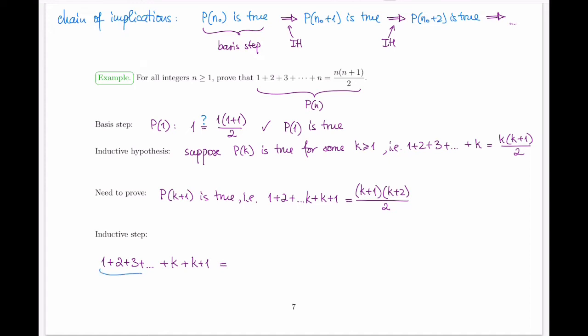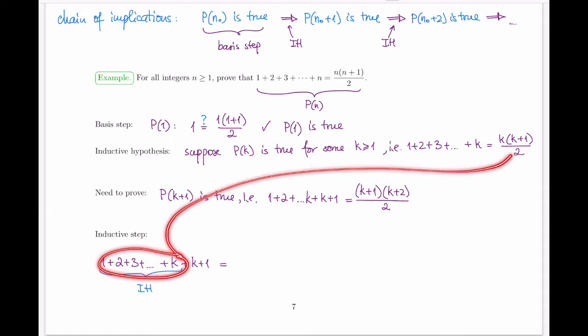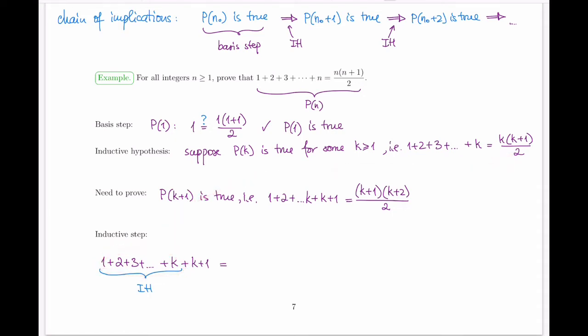Why is that useful? Because look, this expression right here from 1 to k is exactly the one that I've supposed in the inductive hypothesis to actually have the property P(k). So this is where I can apply my inductive hypothesis. This already has a formula because I've supposed that that's going to be true.